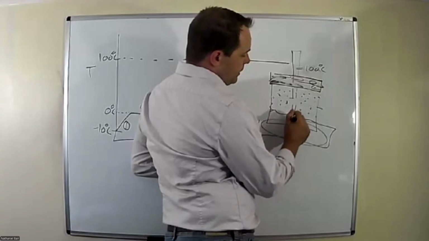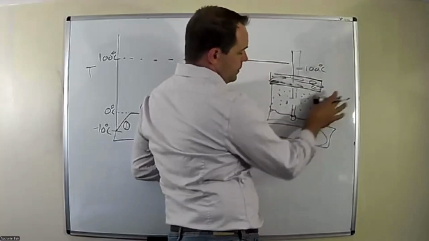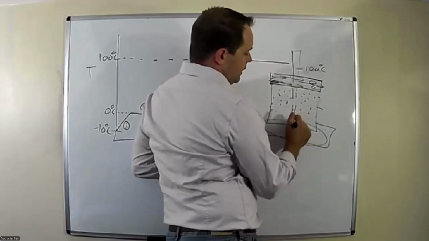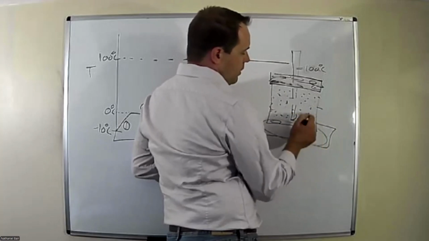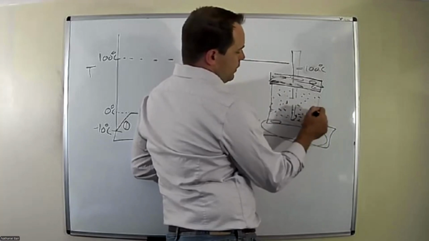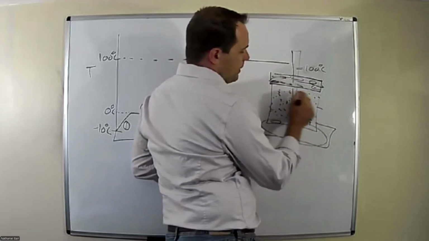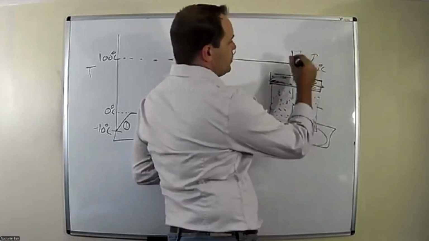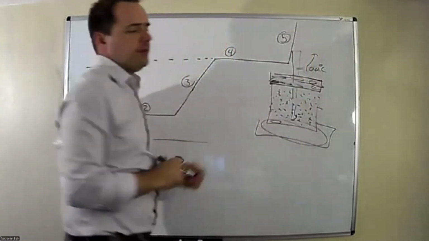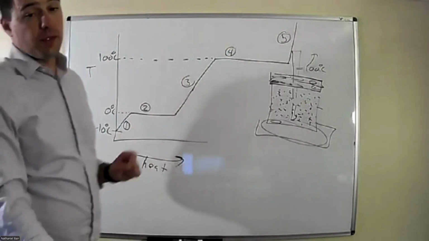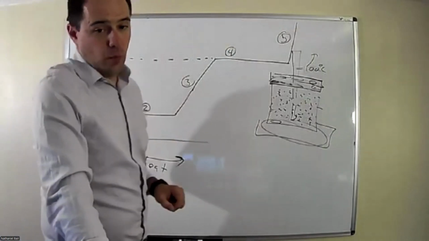What I'm telling you is that that thermometer will stay at 100 degrees Celsius until the last drop of liquid water has vaporized. Once this is a container full of steam, then that temperature will start to skyrocket. And that's what I call the fifth potential part, which is heating the gas, right?